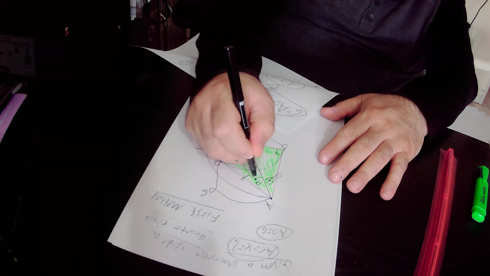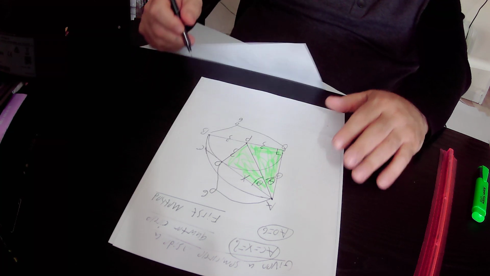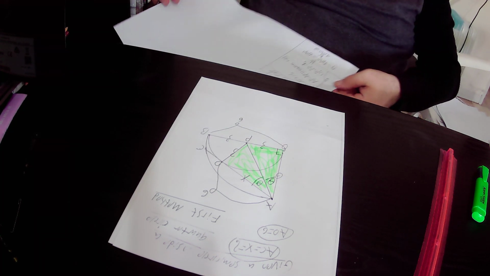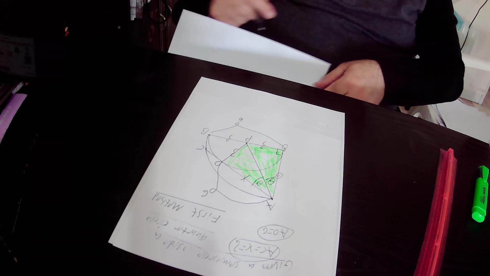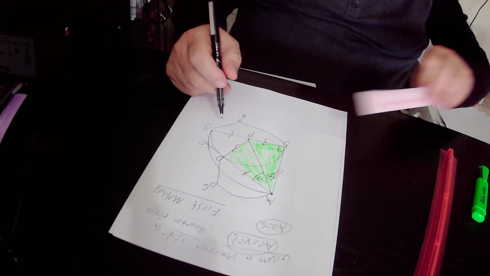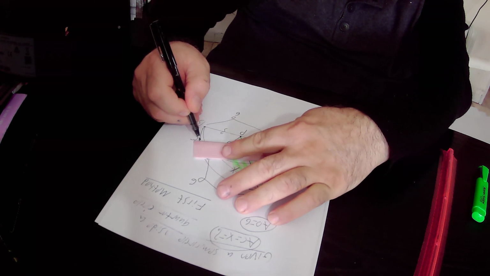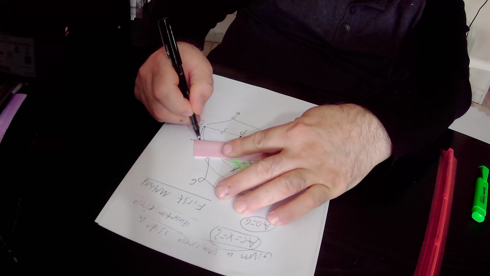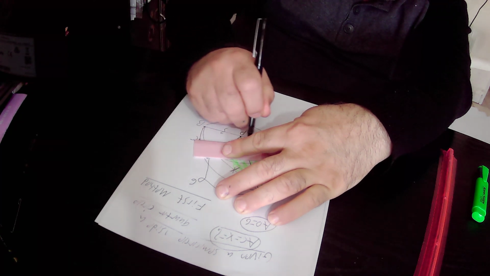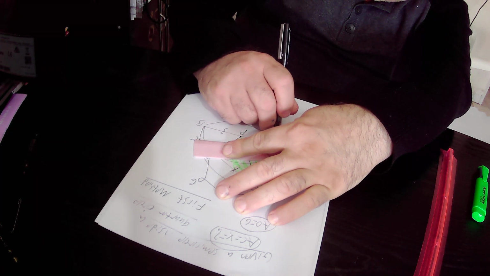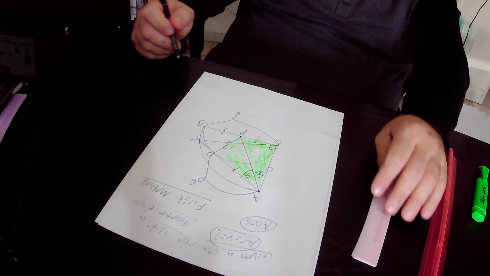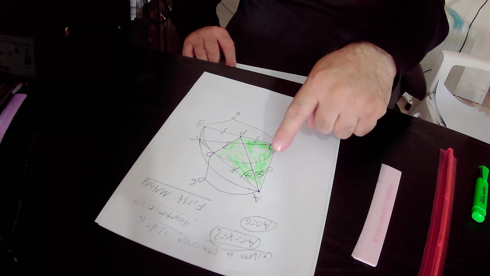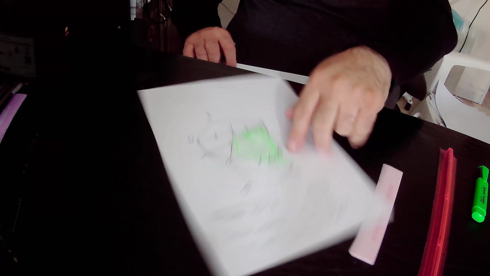In the next step, we will join together points O and C by a straight line. And we'll focus on the right green triangle, triangle AOP.